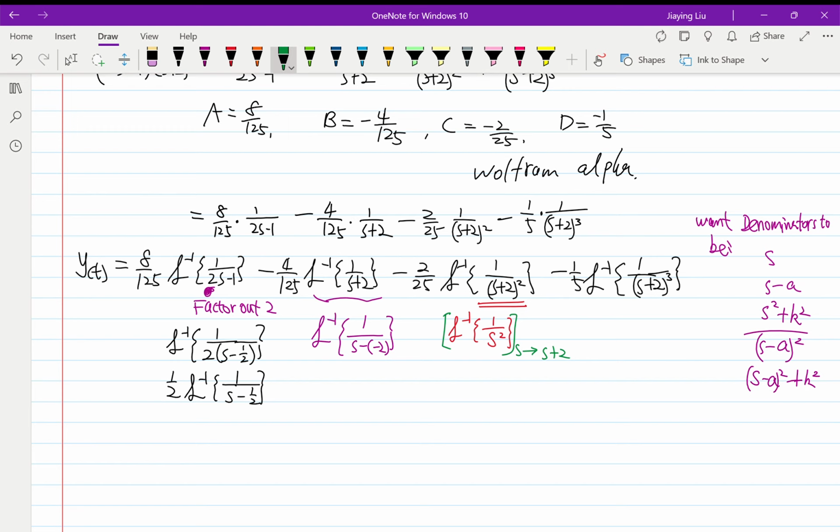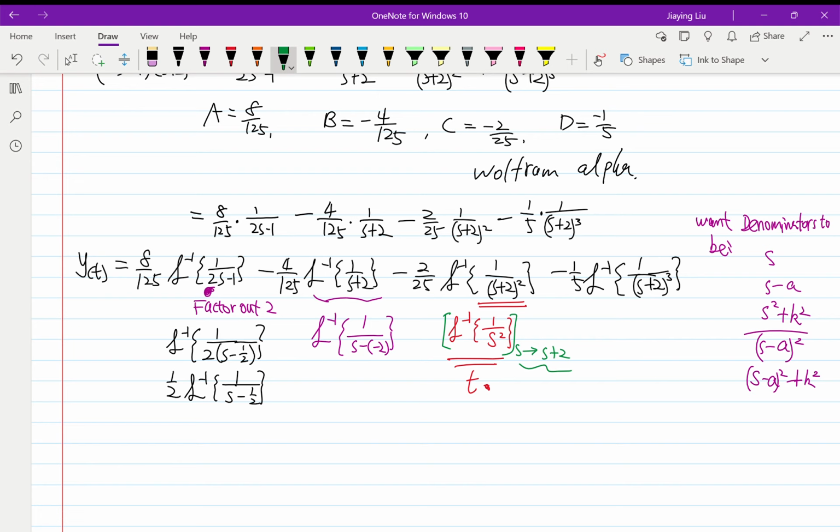So what this tells us is that in the next step, this translation is going to give us an exponential part like we did at the beginning. So this will be e raised to the negative 2t. And this 1 over s squared inverse Laplace transformation will give us t. So this is going to give us t for the first part, but then the s goes to s what?